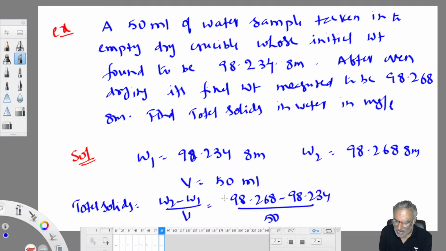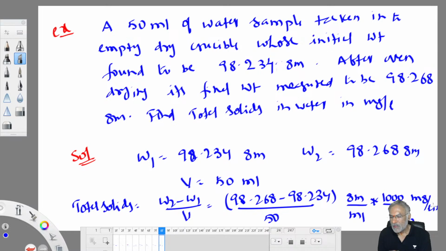Divide by 50. As you substitute, you will get the answer in grams per ml. To convert grams into milligrams, multiply by 1000. To convert ml into liters, multiply by 1 by 1000. Then it becomes milligram per liter. 1 liter is equal to 1000 ml, and 1 ml is equal to 1 by 1000 liters.